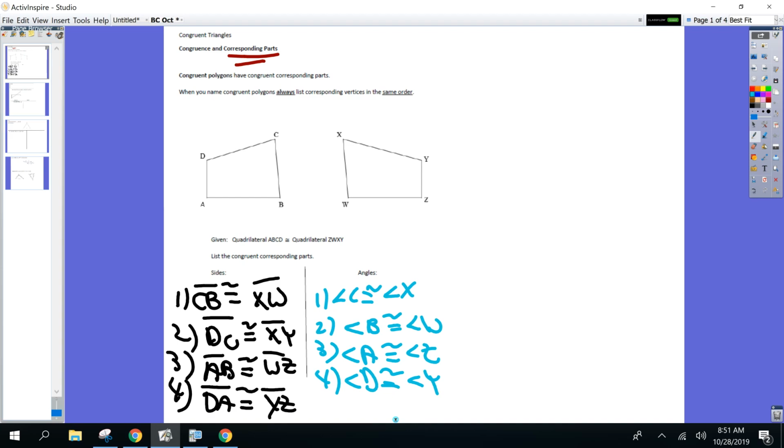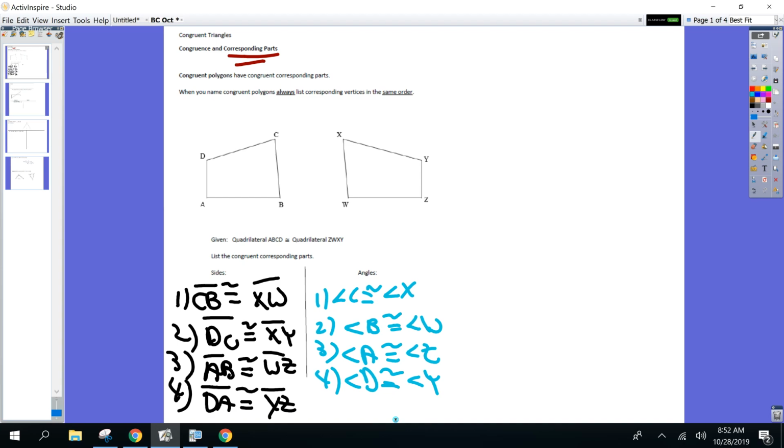Now, I have a little secret to reveal. As everybody was telling me those sides and those angles, I never once looked at the diagram to see if you were correct. And I didn't memorize it before you came in either. There was something else I used to see if you guys had the correct sides and the correct angles matched up.